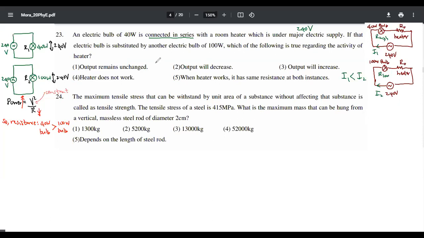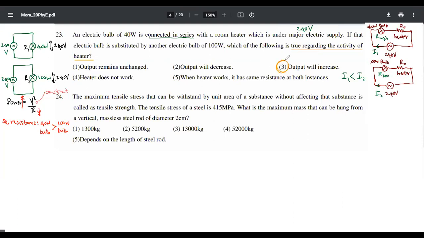Anyways, what will happen here? What is the answer, people? Which of the following is true regarding the activity of the heater? You have a 40 watt bulb, and then you replace it with a 100 watt bulb. If more current flows through the heater, output will be increased, correct?